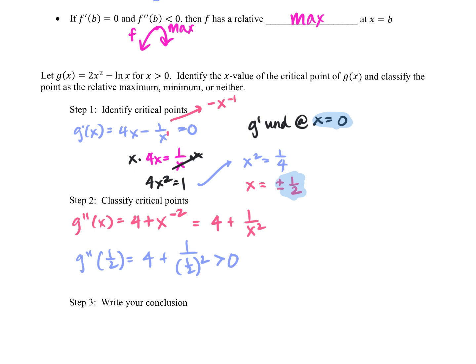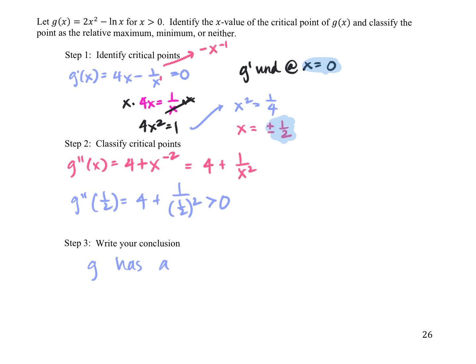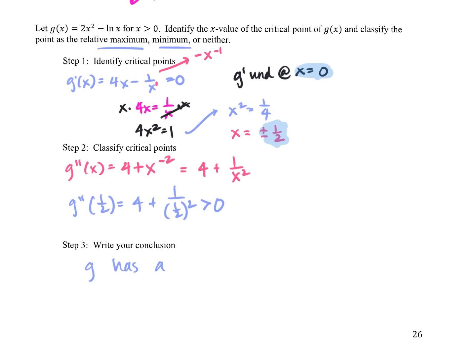Positive, happy face. So when it says write your conclusion, we can say G has a relative min at x equals 1/2 because G double prime of 1/2 was positive. Well said. You can say was positive or is greater than 0.